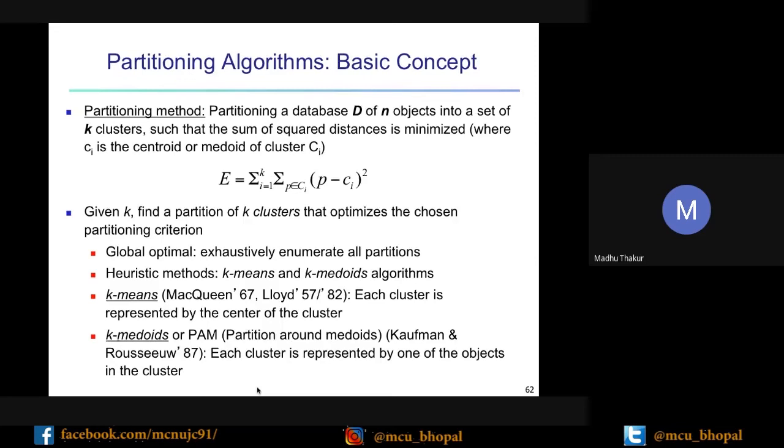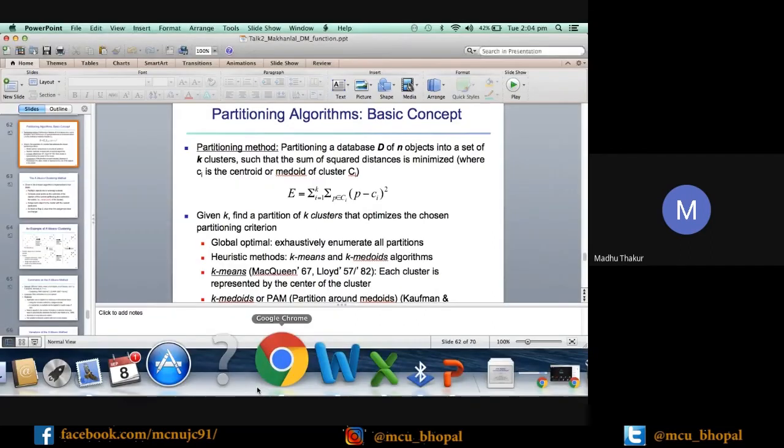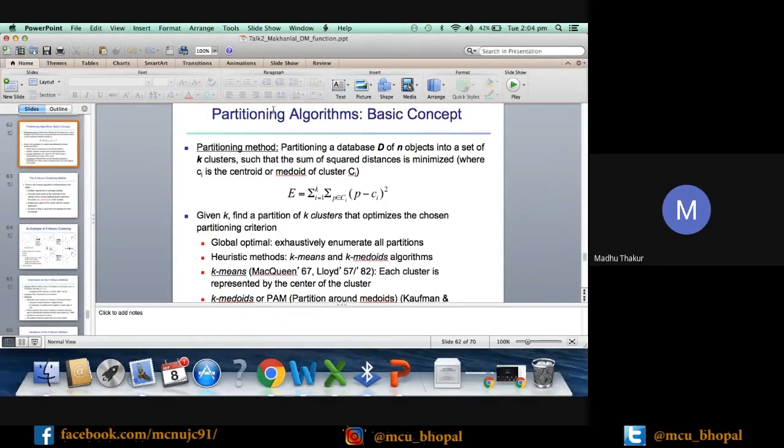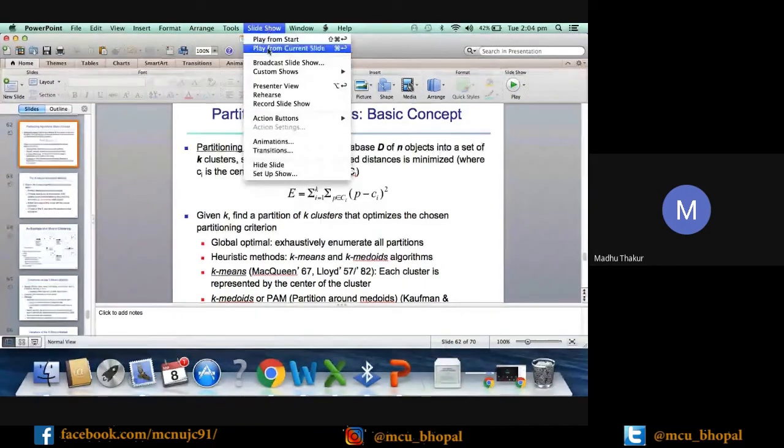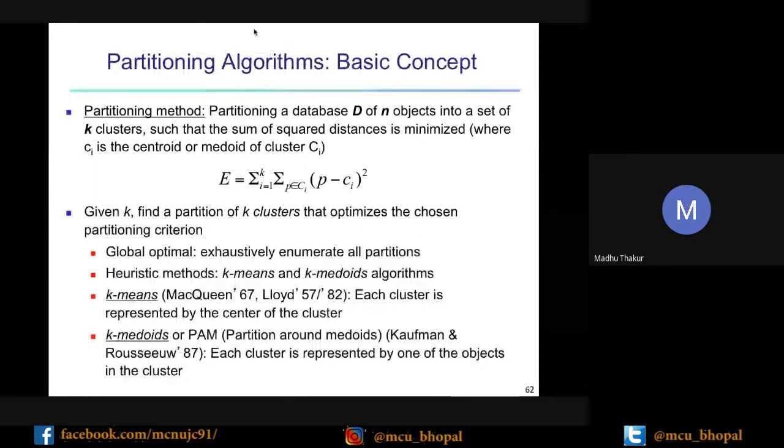For the partitioning approach, you can use k-means or k-medoids. It says: partition a database D of n objects into k clusters. You can suppose k is a good value for dividing your data into k parts.